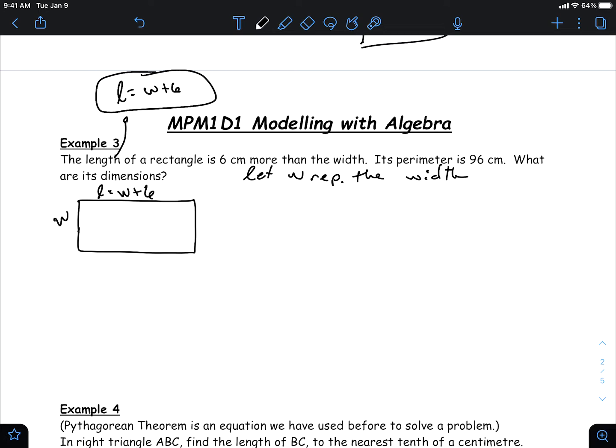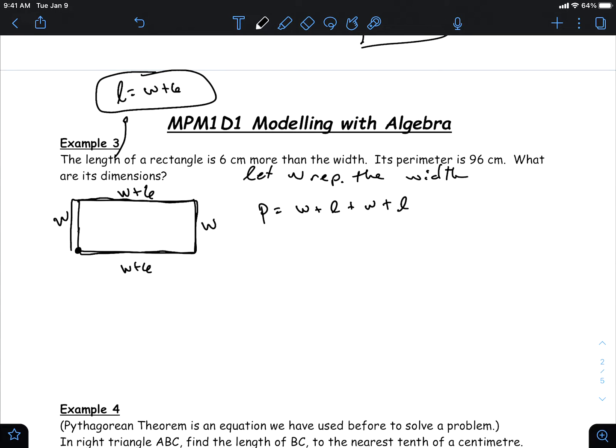Now, we know that being the case, I'm going to get rid of the L. We know that this is W and this is W plus 6. If I'm starting here, I'm going to go around the outside of my rectangle. That means I'm going to encounter W plus length plus W plus length.